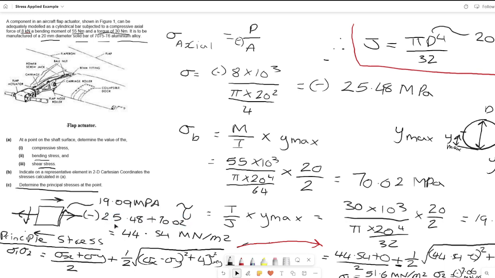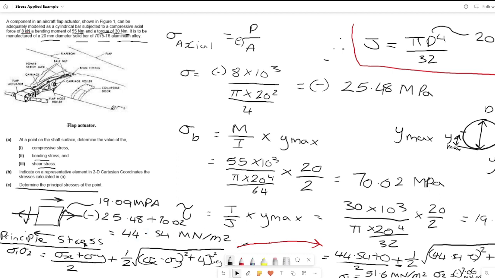So the compressive axial stress would be minus 25.48, and the bending stress would be plus 70.02, as we've calculated in the previous part of the question. We've then added those two together to give us 44.54 meganewtons per meter squared.